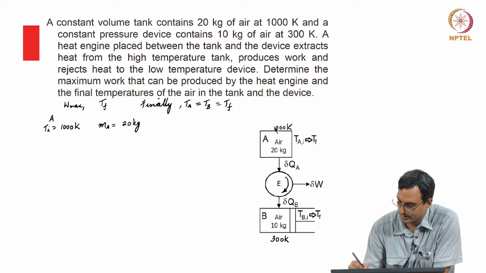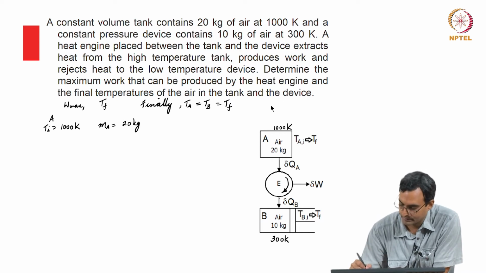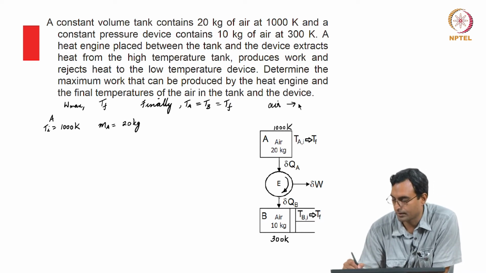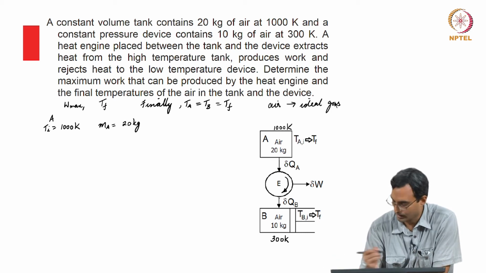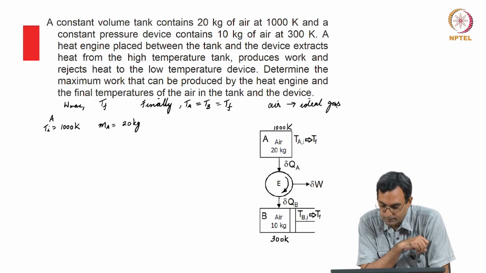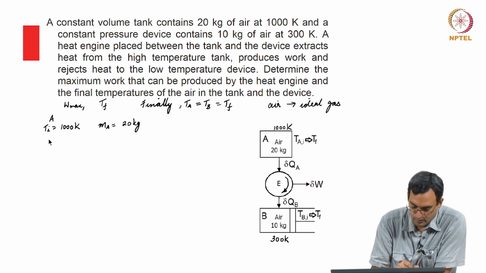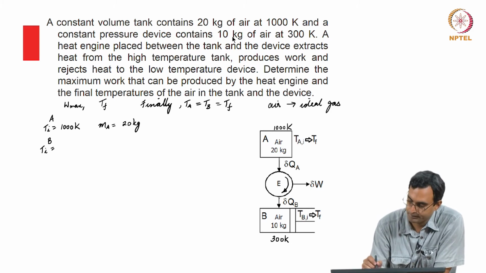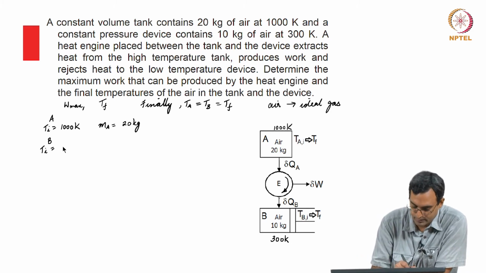This working substance in A and in B is air. I am going to assume it is an ideal gas. In B the initial temperature is 300 Kelvin. Mass in B is 10 kg.